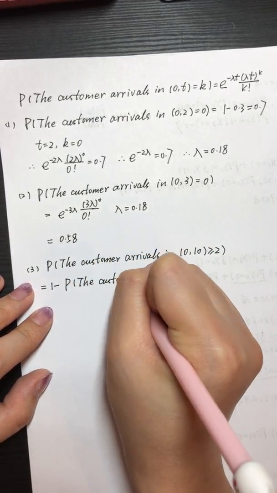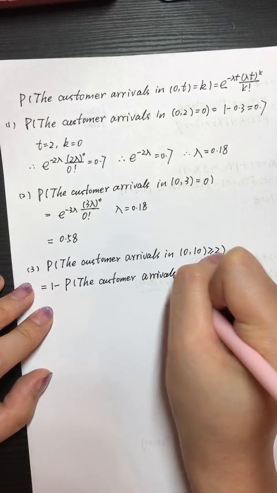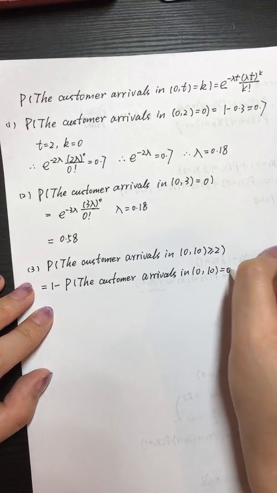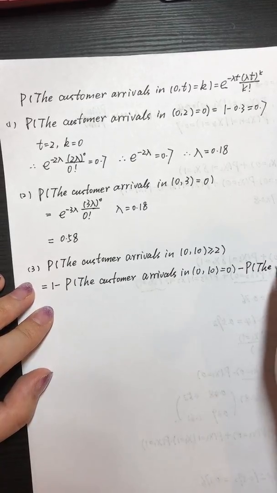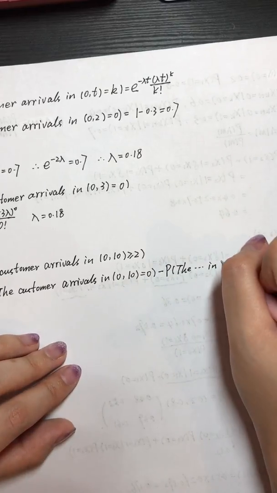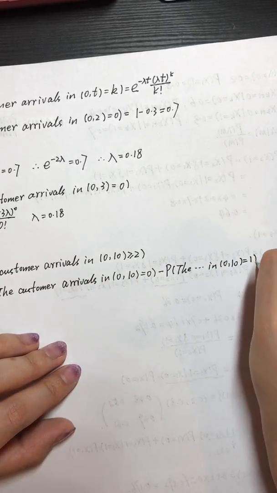The probability that the customer arrives in 10 minutes equals 0, and the probability that the customer arrives in 10 minutes equals 1.